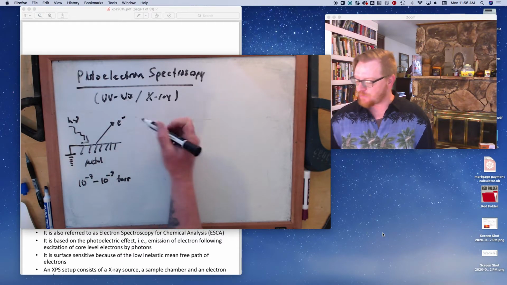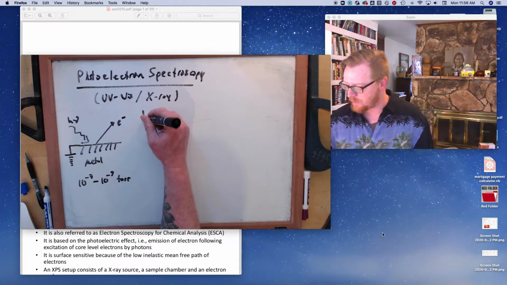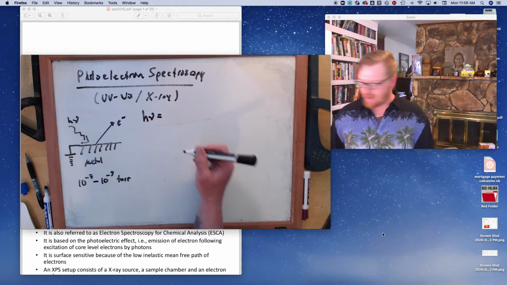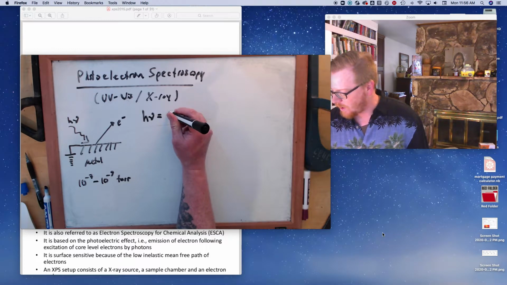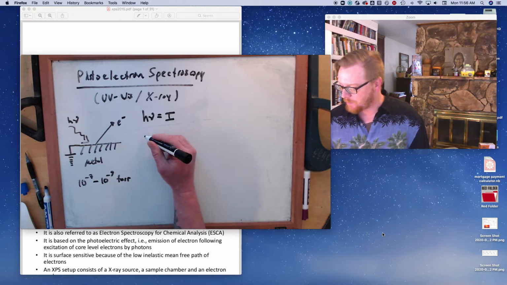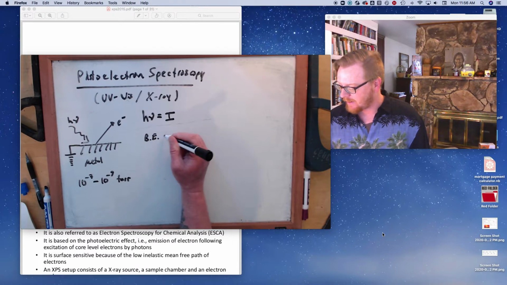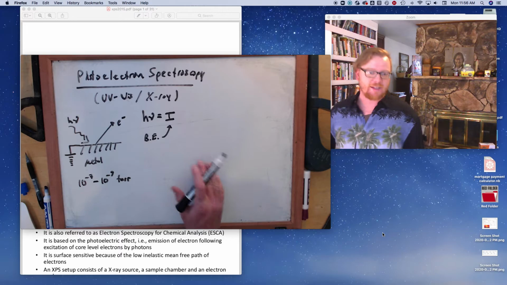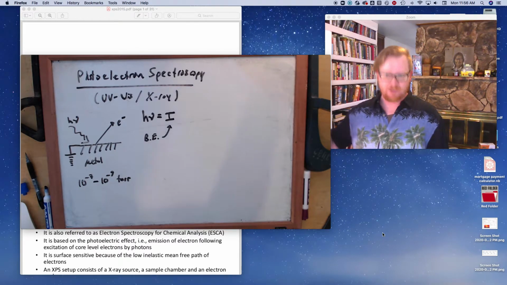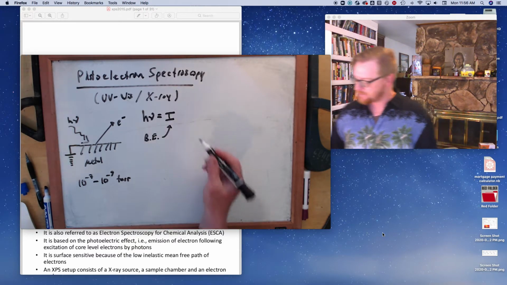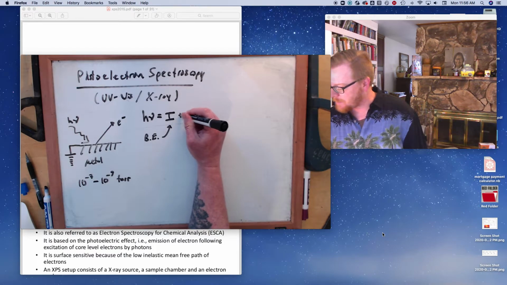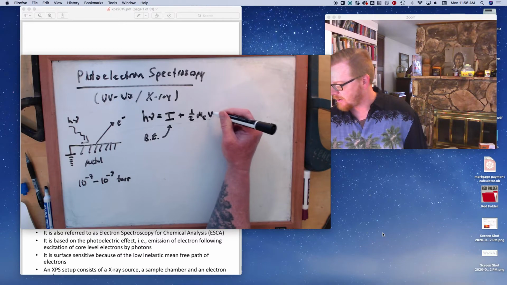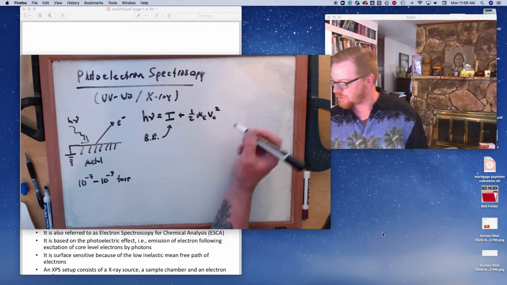Okay? And so now if we look at the energy of radiation we used, h nu, that is going to be equal to what I'll call I, which would be the binding energy of the electron. So I refer back to that diagram I just drew for HF, right? That's the threshold ionization. And then that's going to be plus 1/2 the mass of the electron times the velocity of the electron squared.